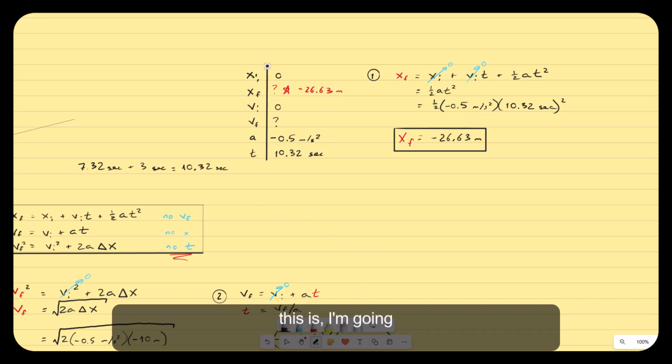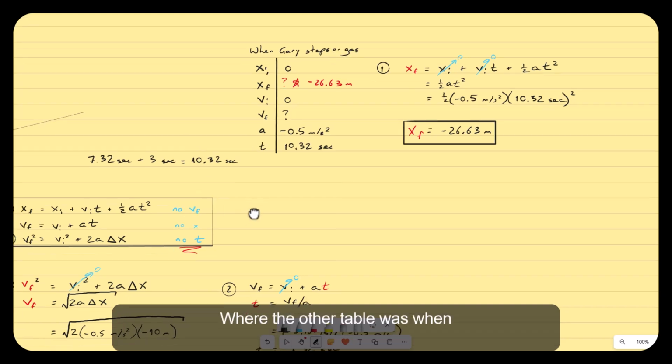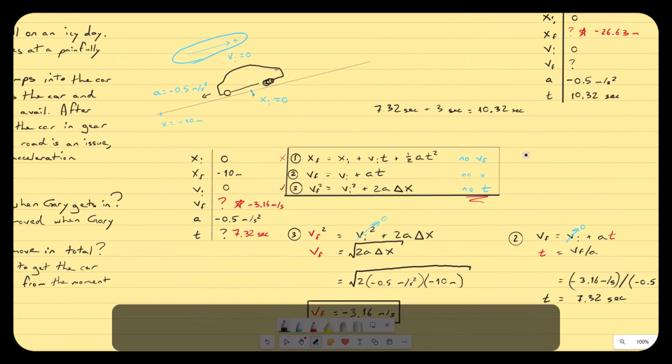So this is when Gary steps on the gas, where the other table was when Gary gets into the car.